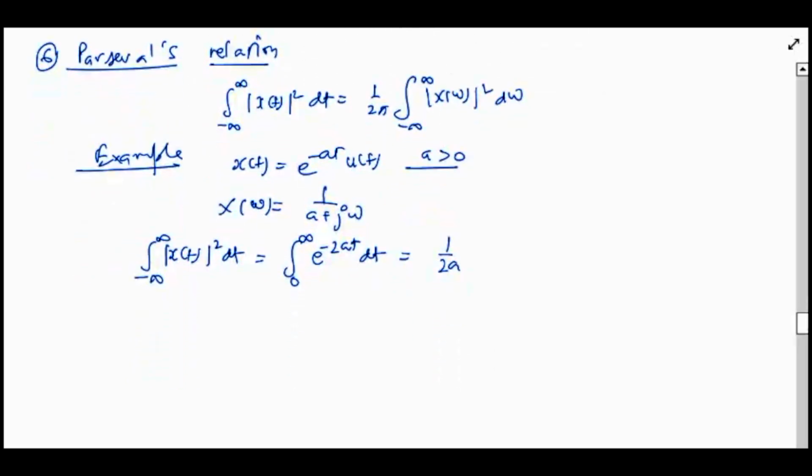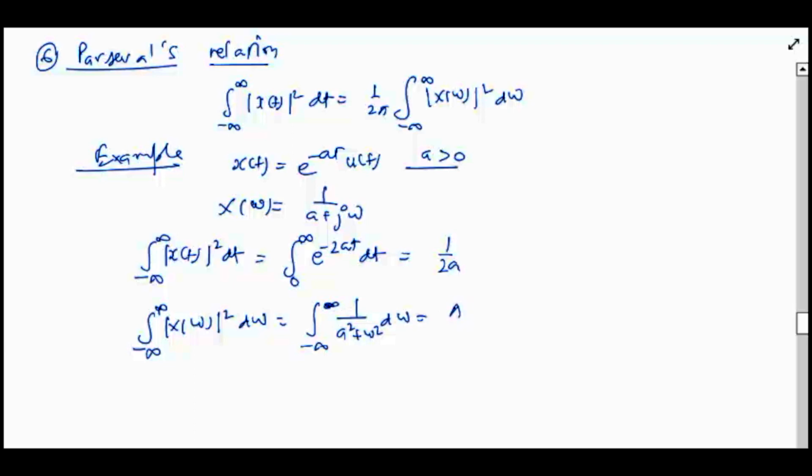On the other hand, if I compute the integral of |X(omega)| squared d omega, this is minus infinity to infinity 1 over (a squared plus omega squared) d omega.